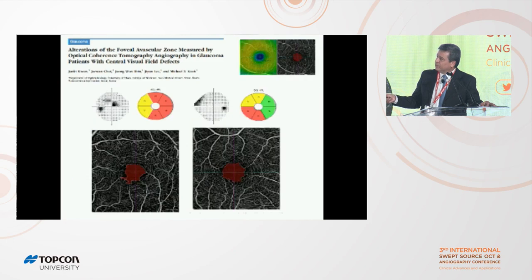And he's showing that when you have a central defect, the foveal avascular zone is larger and more irregular than in patients that have just a nasal step. And comparing this with a control, the size of the difference is really, really big. You can have double the size of the foveal avascular zone.